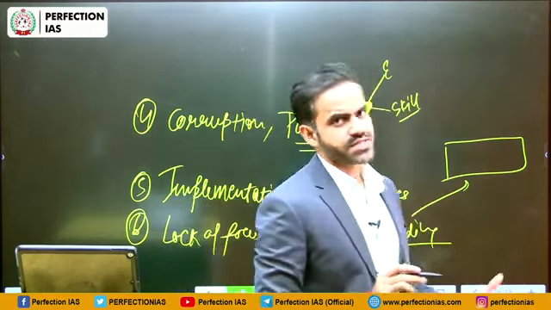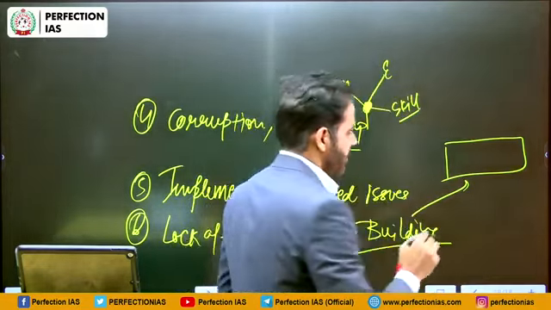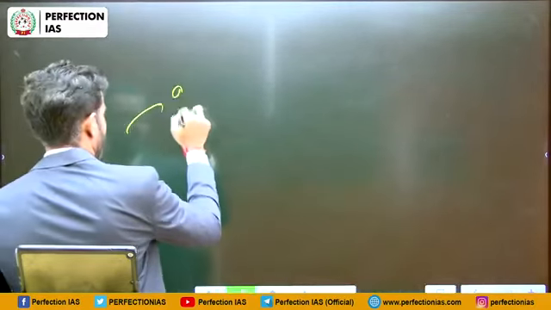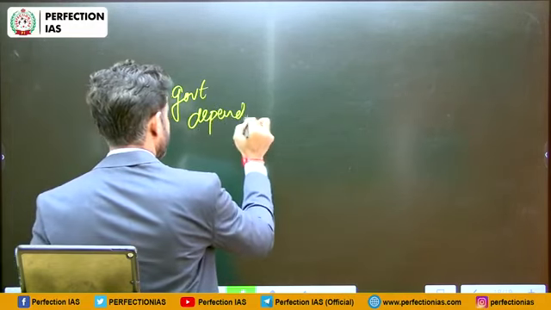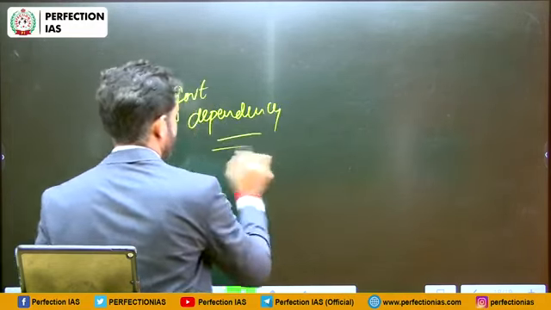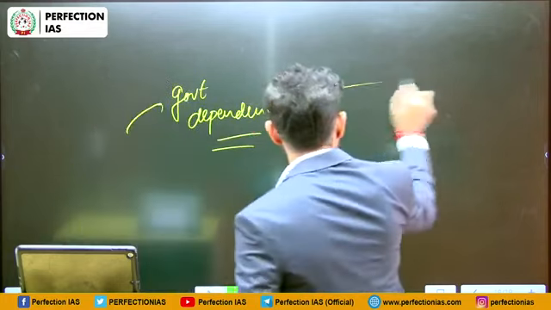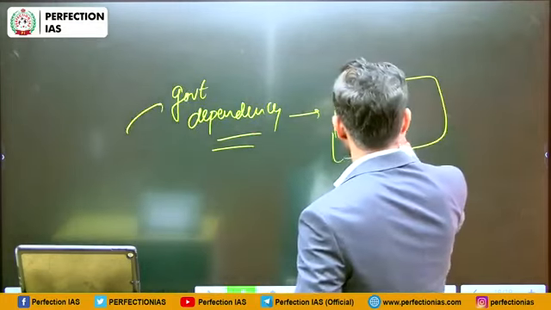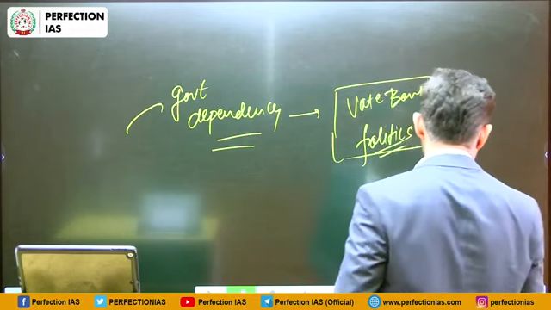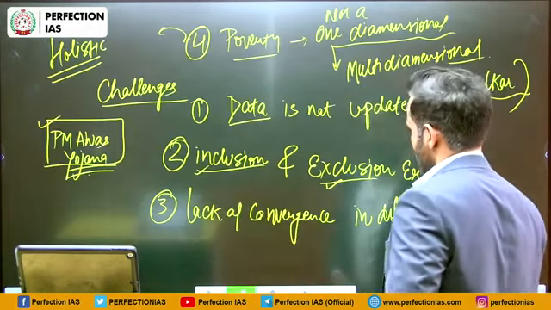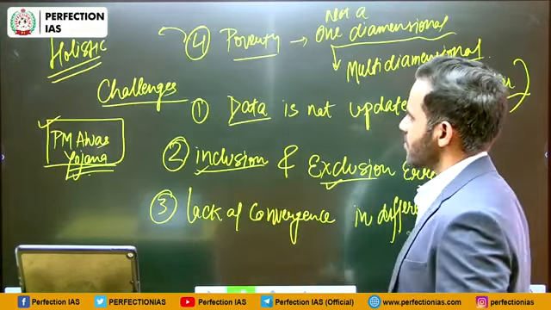That is why the beneficiaries of these schemes are dependent on the government of the day. Government dependency is there. And because of this, sometimes there is vote bank politics. So these are some of the problems because of which we are facing challenges in poverty eradication.